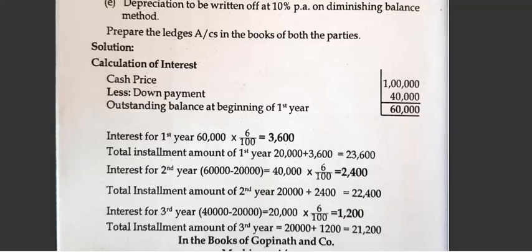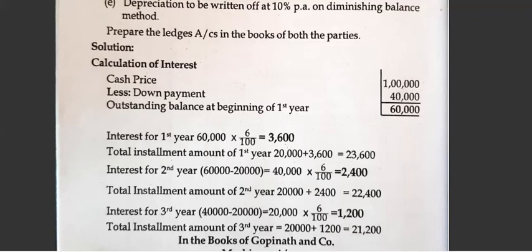This is the second case we have followed here, because cash price is given, interest rate is given, and the installment is given but excluding interest. So to calculate interest we have to follow the second step.